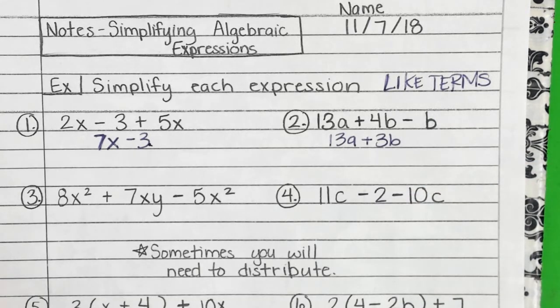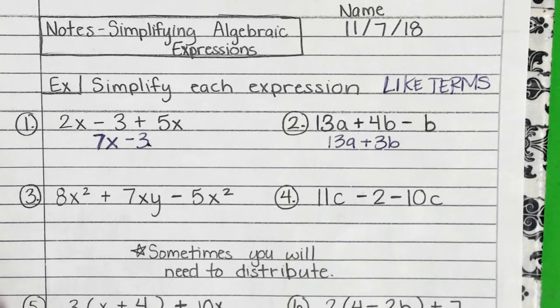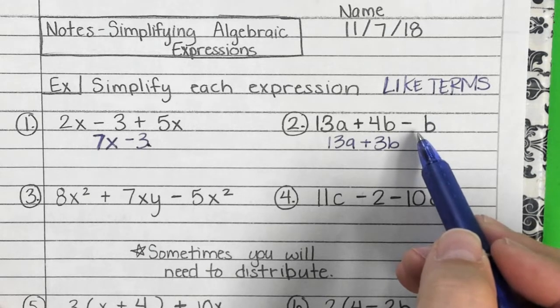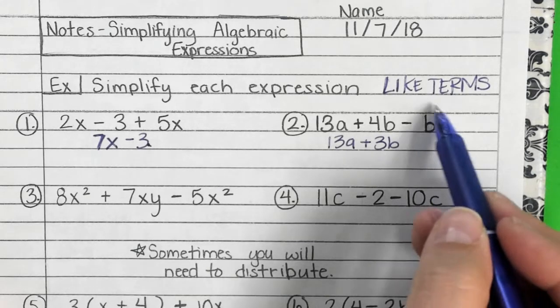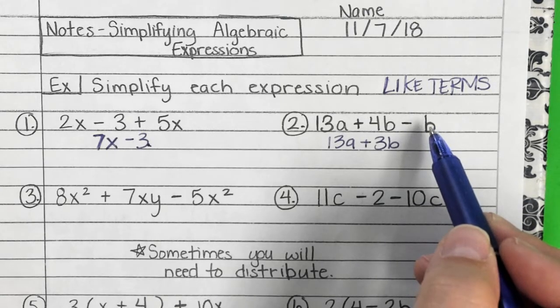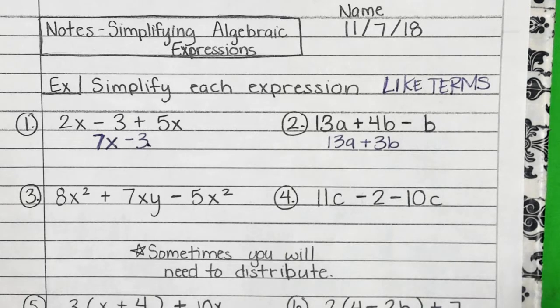Because if I have one variable, that's worth just B. Well, what is B times 1? B. 1B. So I know that there's a 1 here because 1 times anything equals itself. So whenever I have one letter, it represents 1 of that value. Okay?